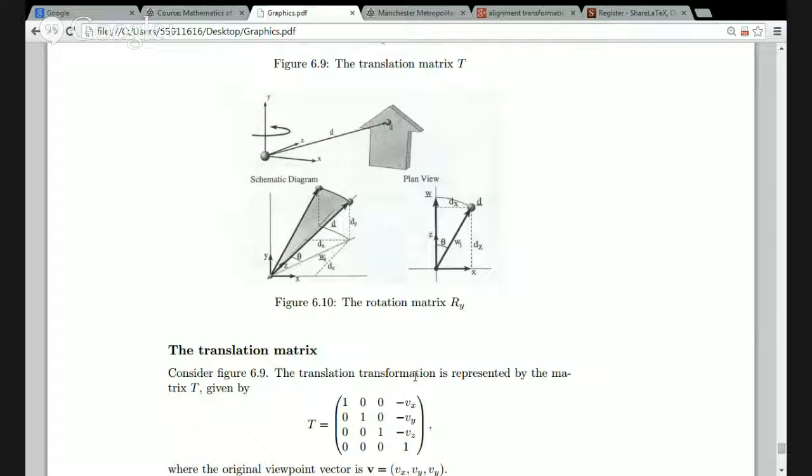Question? Dave, yeah, so I've taken these diagrams from last year's notes, so that's why they put W there, but change that, so that's magnitude of D. Yeah, sorry.